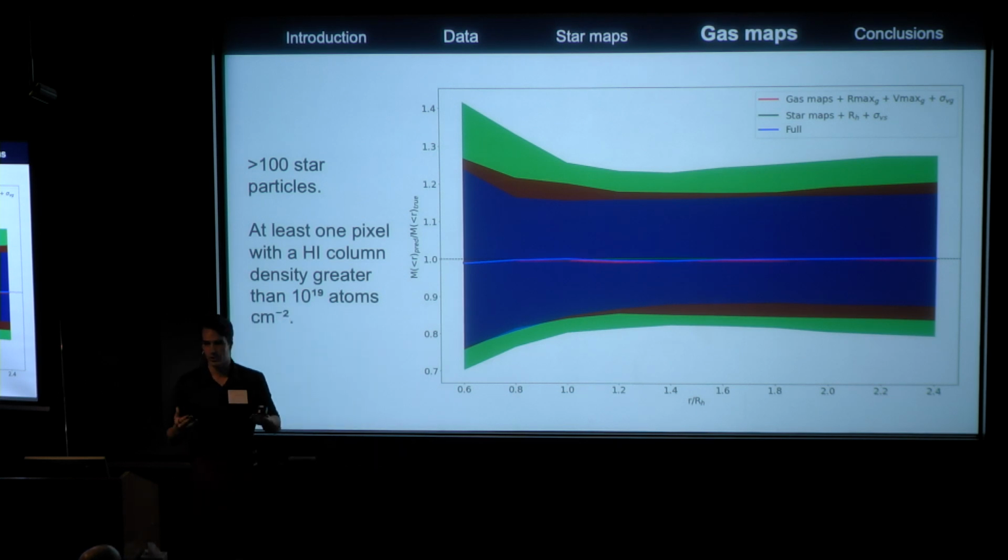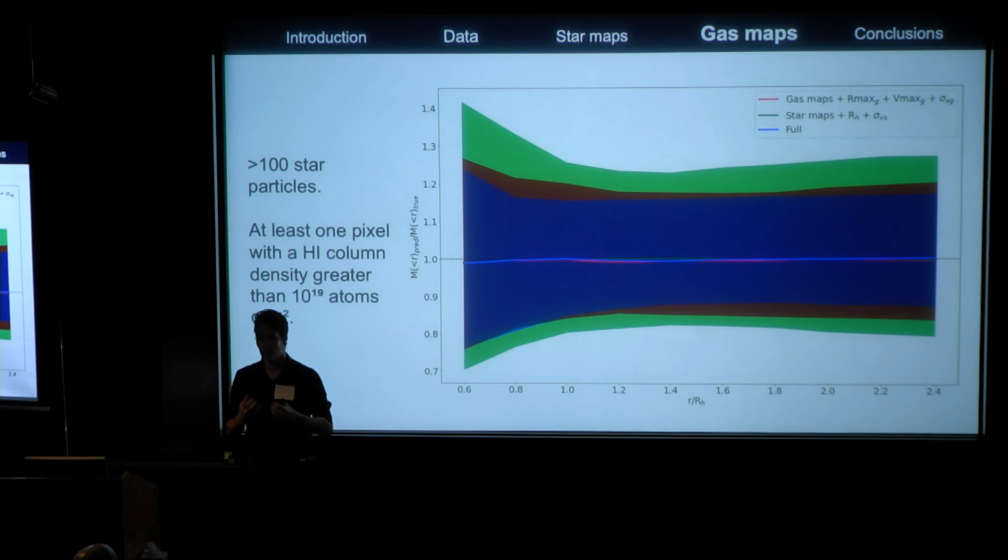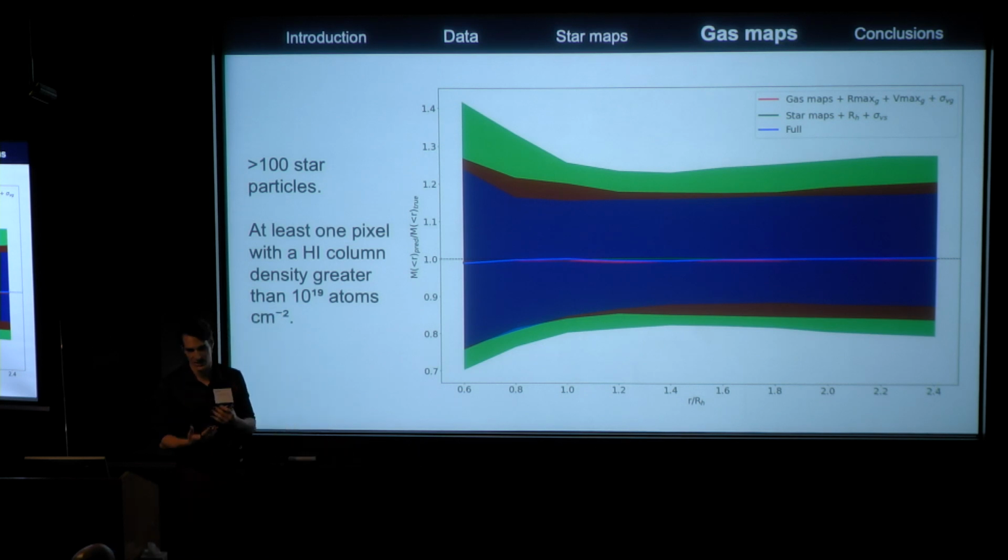And the important thing, when you use everything, so 5 channels that go and then join, the dispersion is even lower. So in fact, the neural network is capable of more accurately predicting the mass profile when given gas information along with the star information.